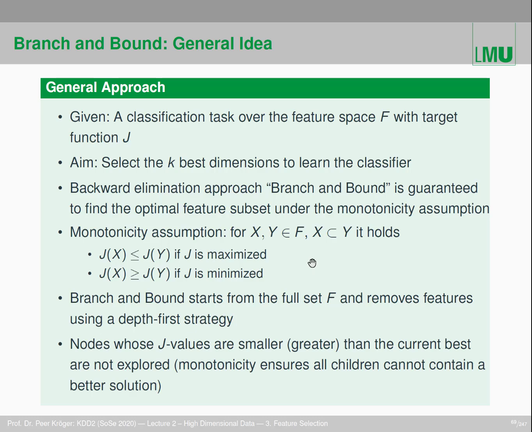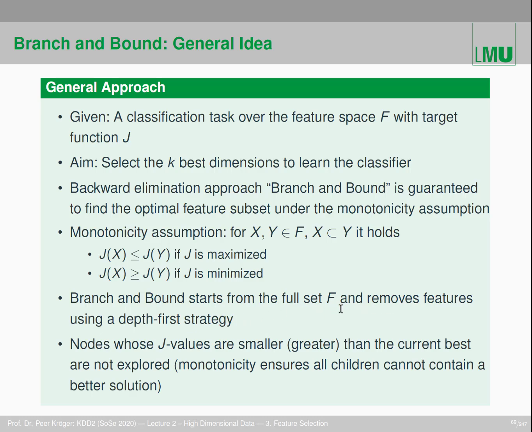And that can be used to search bottom up, like the a priori or the FP growth algorithm from frequent item set mining, to find the best feature space. So in that case, we start off with a full data set.